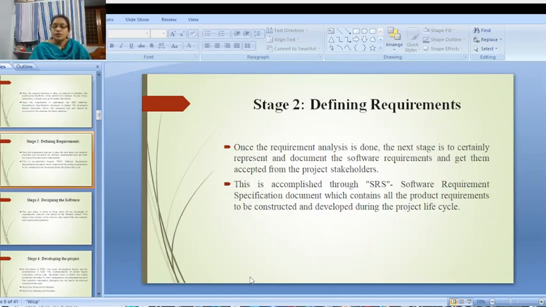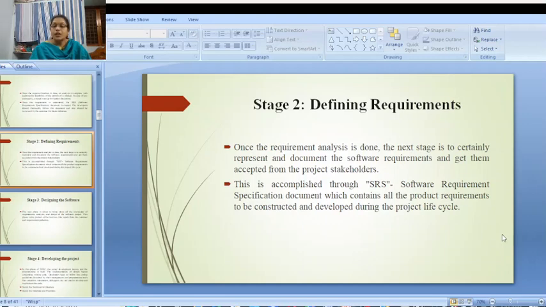This is accomplished through the SRS document, that is the software requirement specification document, which contains all the product requirements to be constructed and developed during the project life cycle. So we already mentioned what information will be available in the SRS document. Using that document, we have the requirements that we construct and develop during the project life cycle.